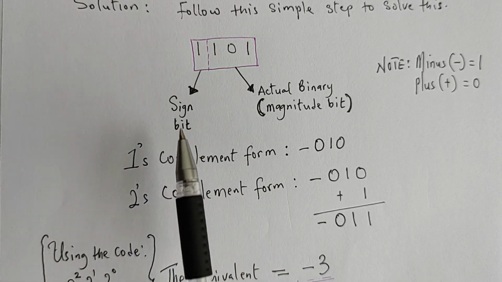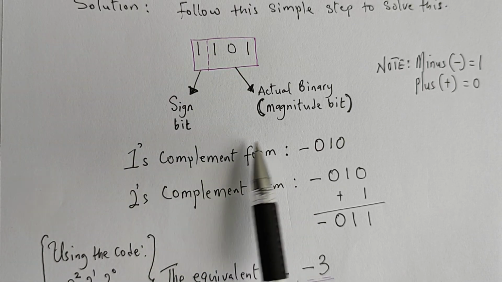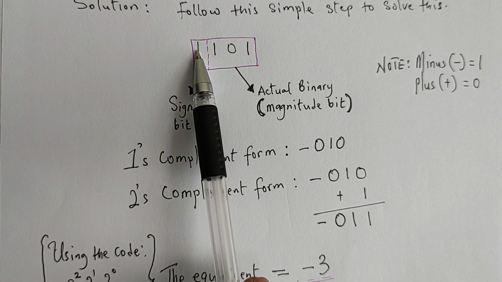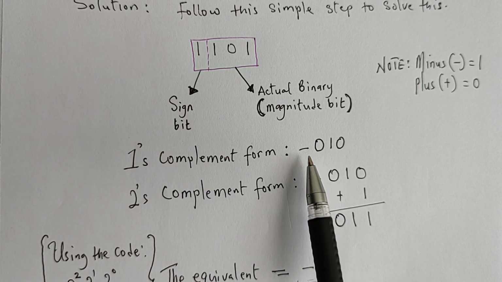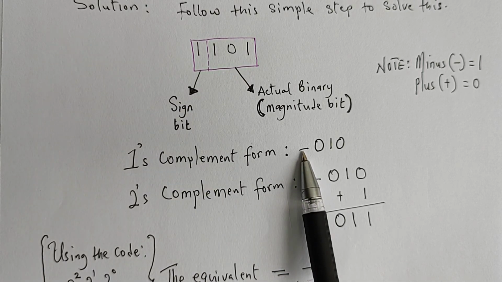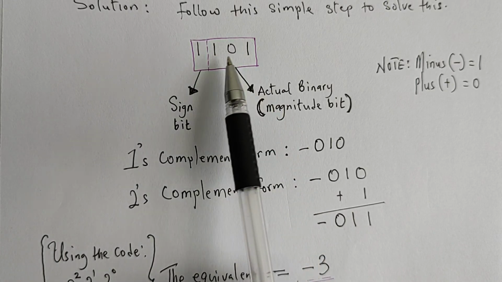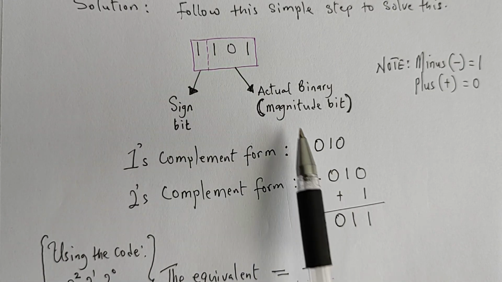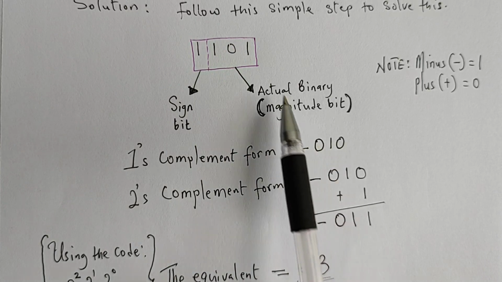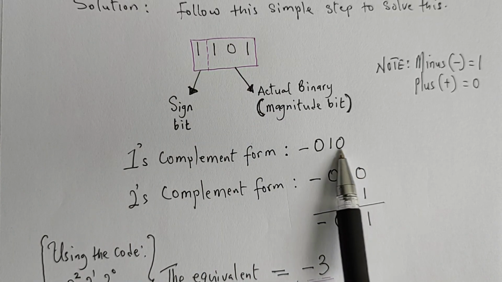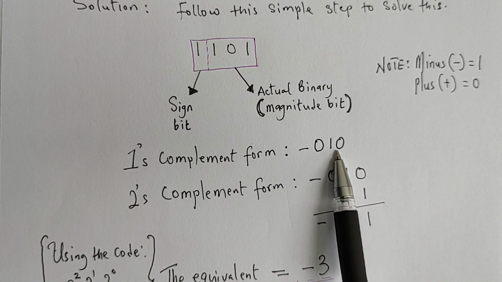So this is what we're going to do. We know that 1 is minus, so this one becomes minus. Let's take the inverse: the inverse of 1 is 0, the inverse of 0 is 1, and the inverse of 1 is 0. So this is nothing but the complement.